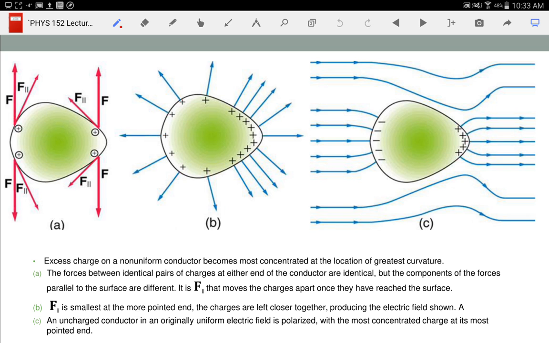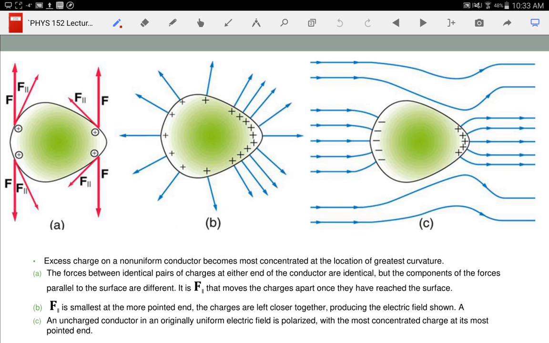Now, this final picture, picture C, shows a neutral conductor. Once again, it's important that we remember these are conductors. These are things the charge can freely move along. If I put it in an external electric field, the electric fields are going to cause charge to move on the surface of the conductor.